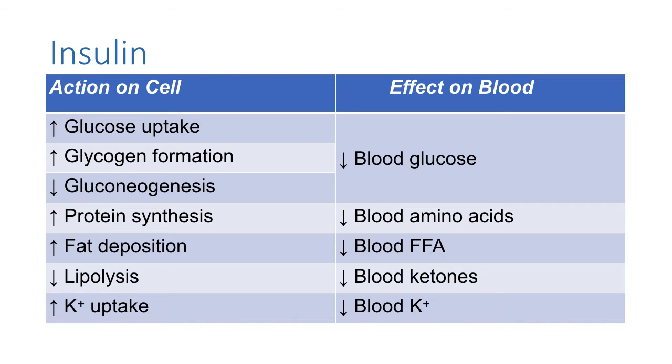It decreases what's called gluconeogenesis. Neo always stands for new. So the new production of glucose, it decreases that. It's going to increase protein synthesis, which is why it's considered a building hormone. It helps your body to make additional proteins and link peptides together.